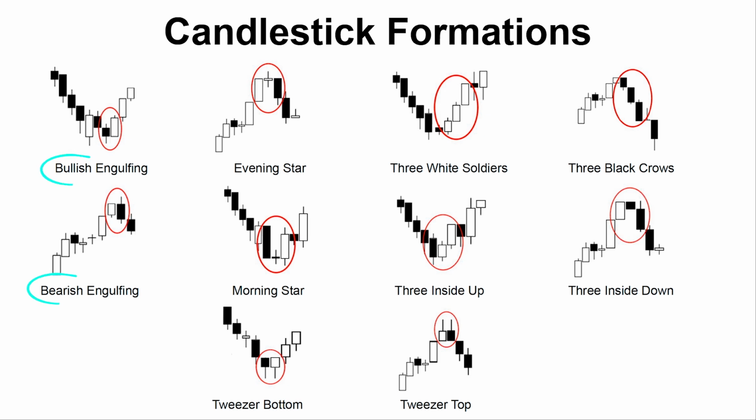So let's start with bullish and bearish engulfing candles. These are considered 2 candlestick formations. They occur when one session engulfs the previous session's trading range in the opposite direction. So, in order to have a bullish engulfing formation, we need to first have a down candle.